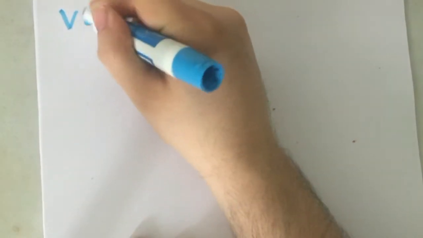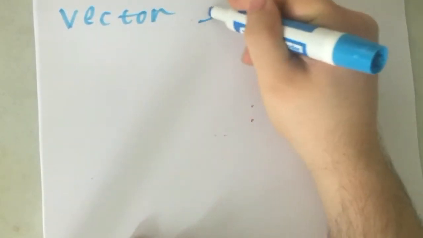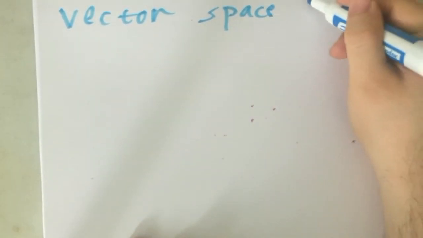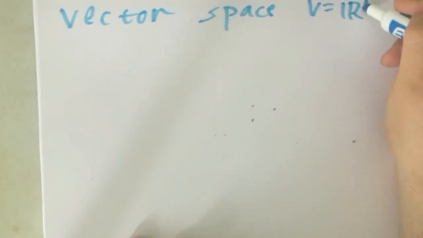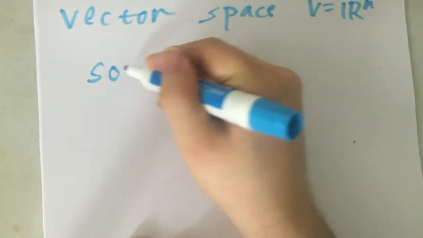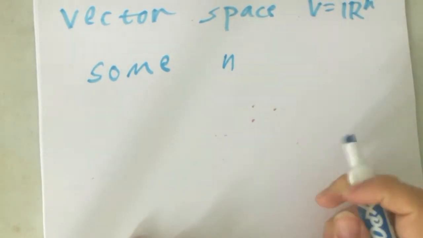So what we have here is a vector space V, which is Rn for some natural number n.